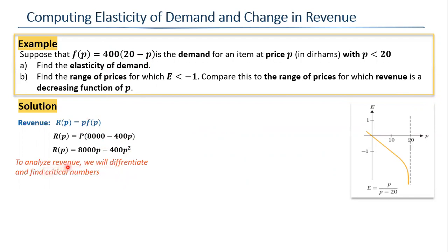To analyze revenue, we will differentiate and find the critical number. Now we will differentiate with respect to p.